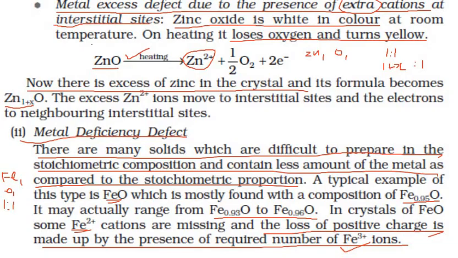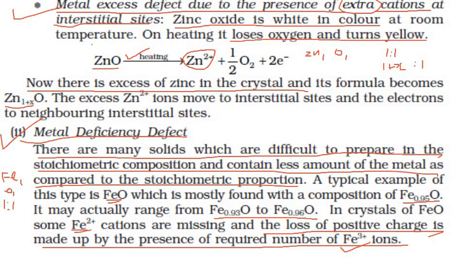Later you will be having examples related to the metal excess defect due to the excess of cations and the metal deficiency defect. So in upcoming lectures we are going to discuss 2-3 numericals related to these two categories of defects.